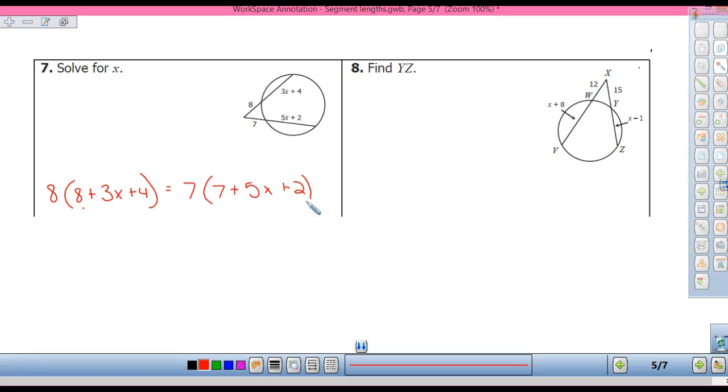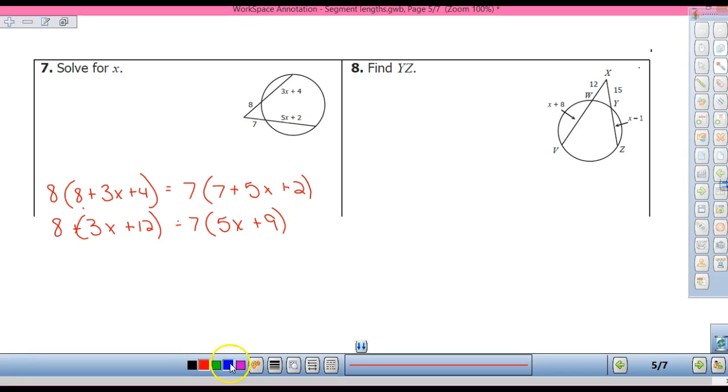So inside there you have to combine your like terms. So 8 times 3x plus 12 equals 7 times 5x plus 9. I just combined my constants inside my parentheses. You see where I got that?